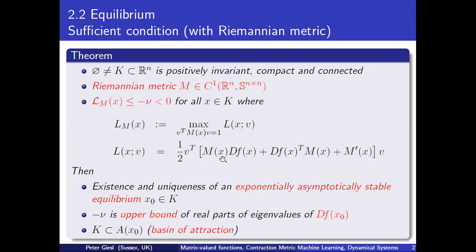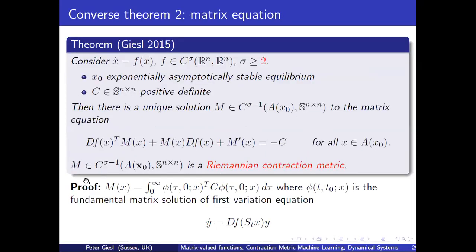So instead of an inequality, we can actually prescribe what kind of negative definite matrix this is and get a solution for M. Let me get back to this theorem. We can say this is equal to some given positive definite matrix C. So C is positive definite, minus C is obviously negative definite.